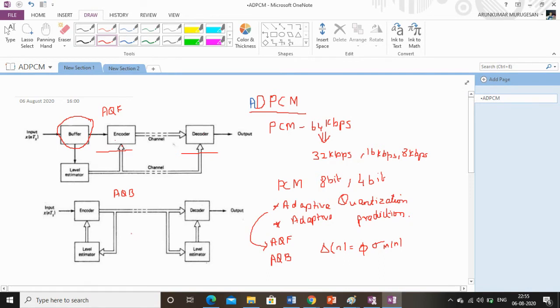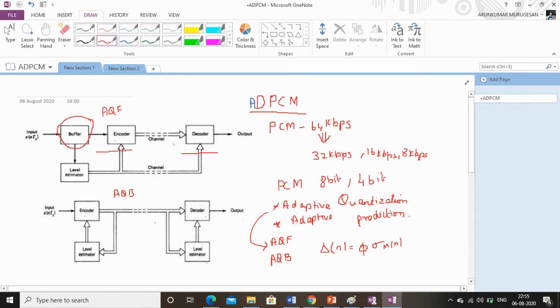Here the quantizer input m of n is bounded when the backward estimation sigma cap of n corresponds to the step size. Here, this is the transmitter side and this is the receiver side. The transmitter side is using the level estimation, and the receiver side is using the level estimation.